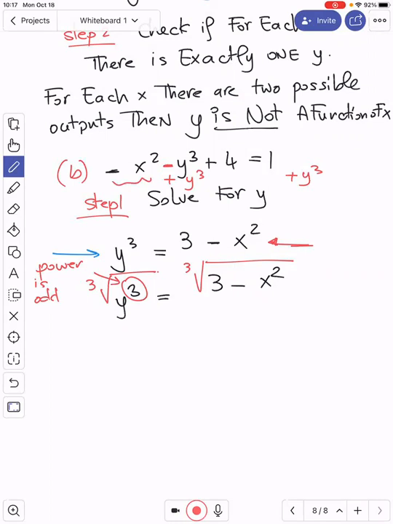This is actually different from A, because here we have minus y cubed. In A we had plus y squared. Because of the minus, it's actually minus x squared, not plus x squared. Okay.